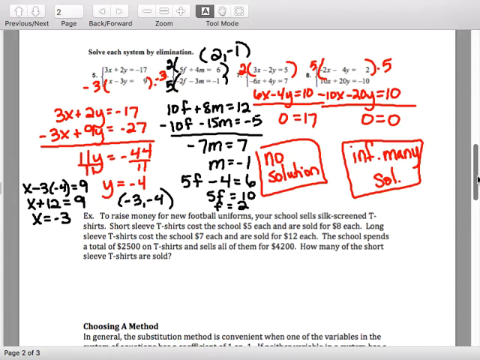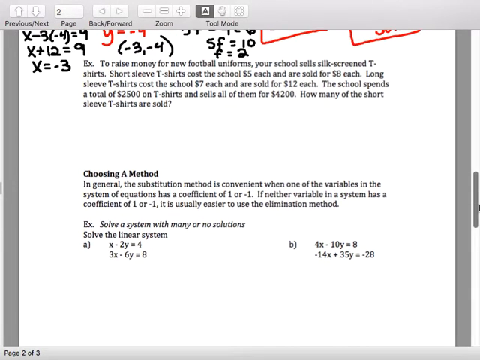So, what are the two things we don't know? There's two things we don't know here. What are they? How many shirts are sold? Yeah, how many shirts? So we're going to let X be the number of short sleeve shirts, and we'll let Y be the number of long sleeve shirts.